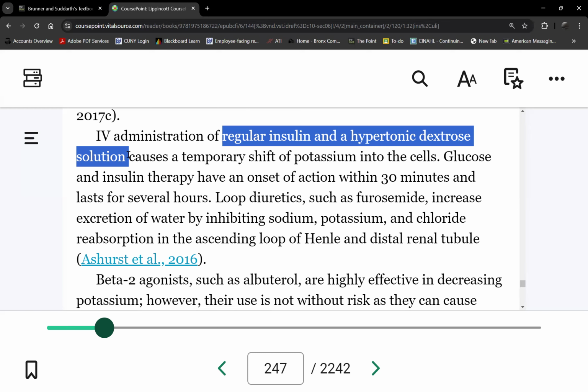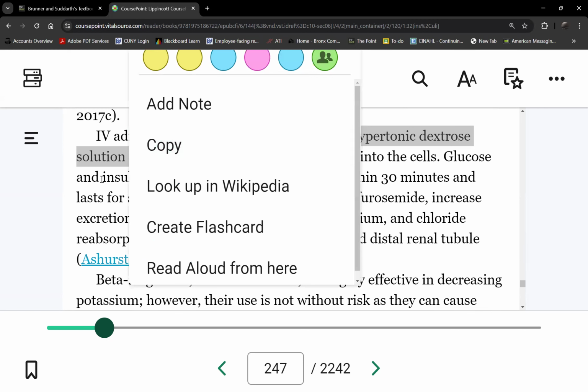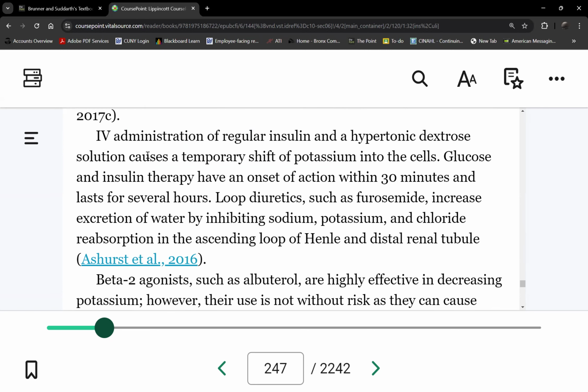However, why do we have to give dextrose with the regular insulin? Because what is the effect of insulin? It will drop your sugar. Now, when we have hyperkalemia, does that mean the patient has hyperglycemia? No, not necessarily. So while dropping the potassium level by shifting it, what will also drop? Sugar will also drop.